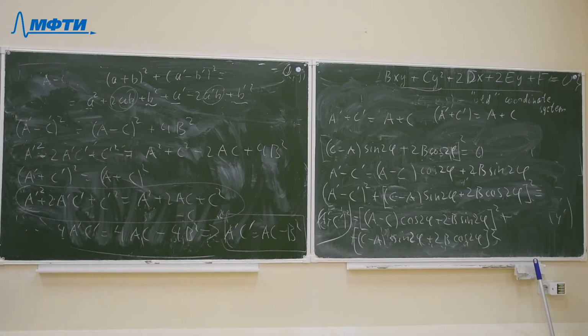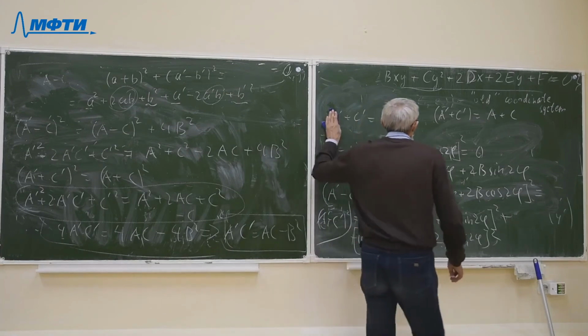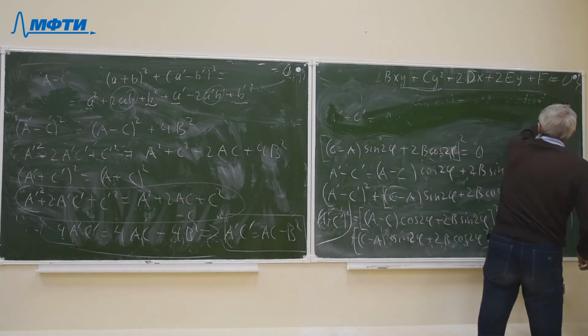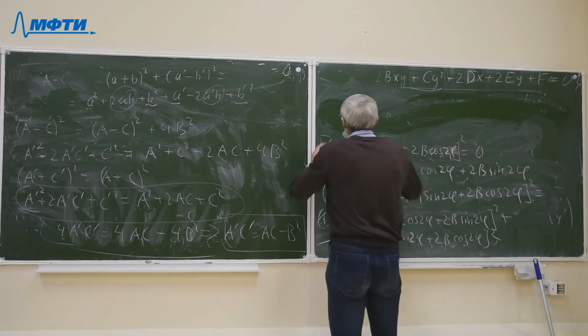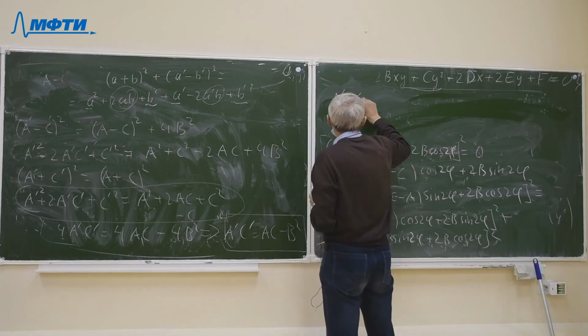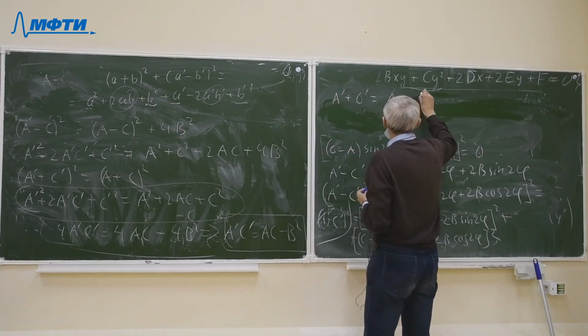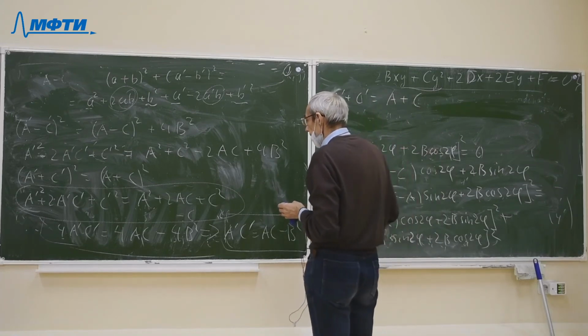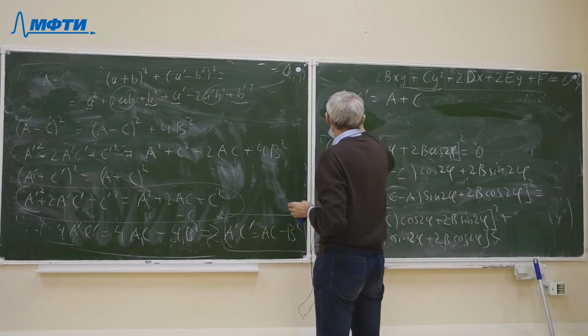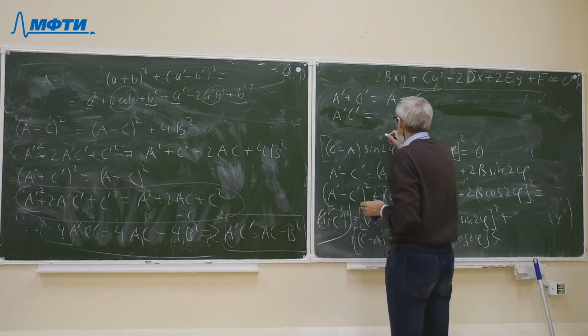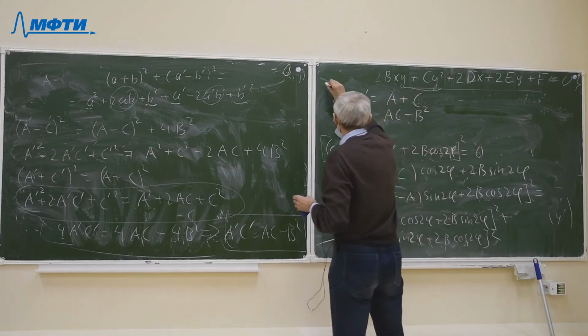We finish this calculation. It is a naive way to obtain this equality. So we obtain two equalities. First of all, A prime plus C prime is equal A plus C, and second, A prime C prime is equal AC minus B square.